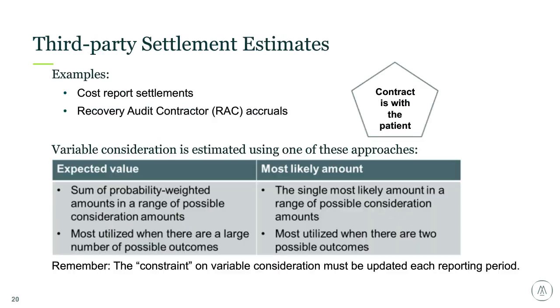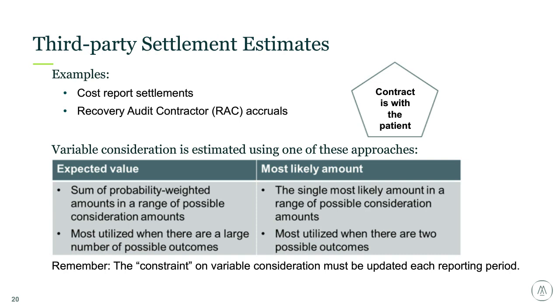So let's talk about how this applies to third-party settlement estimates. Examples, of course, are cost report settlements, RAC accruals, might have certain other supplemental payment programs in there like DISH, for example. Those components of your contract are really variable consideration.